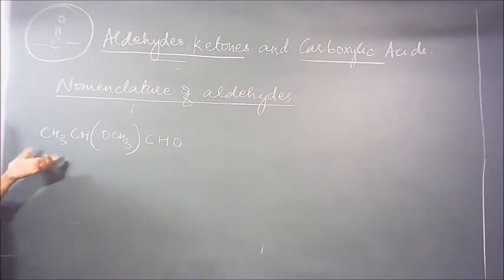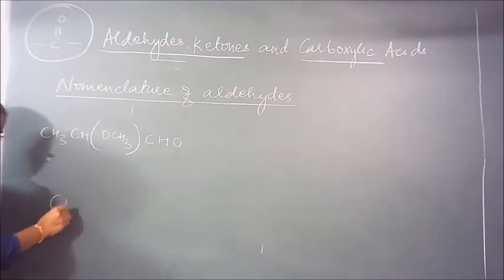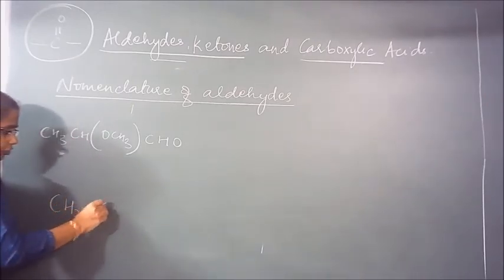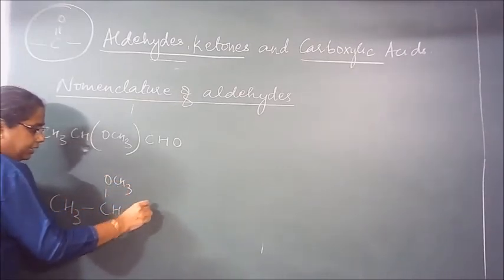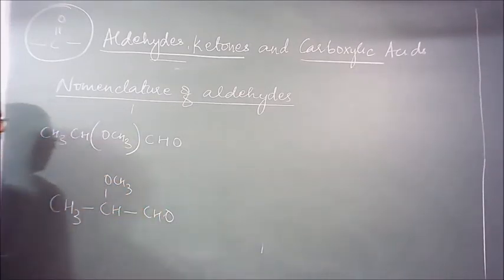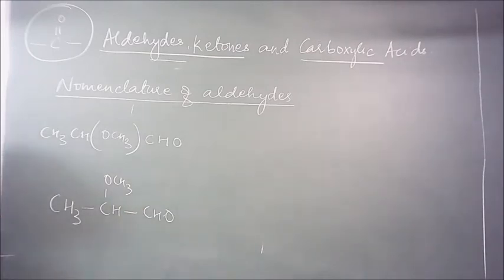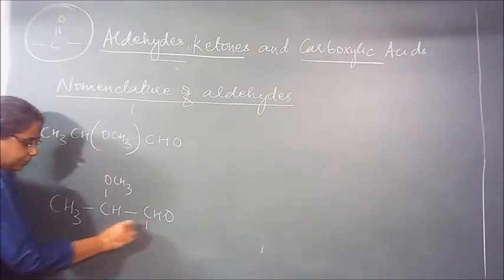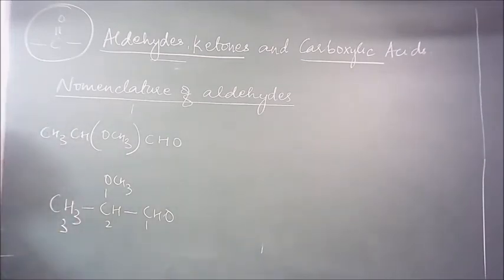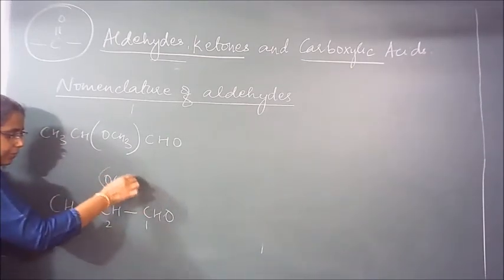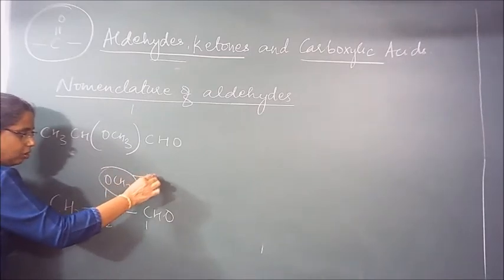We always number from the CHO end: 1, 2, 3. OCH3 is an ether group, called methoxy.